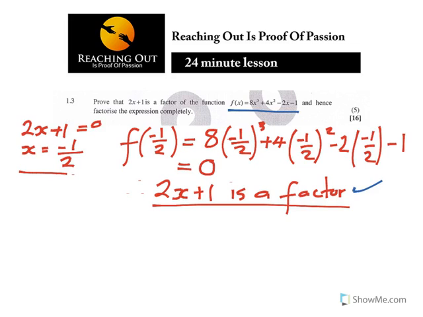Now the next thing they're asking you is factorize this expression completely. If we move on to factorize this further, usually I've got a short method whereby you put that x as minus half here and you write all the coefficients of x.